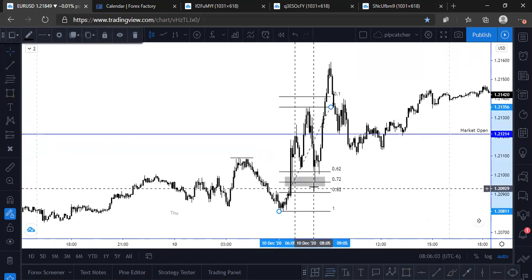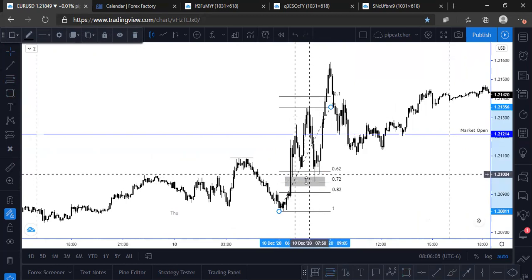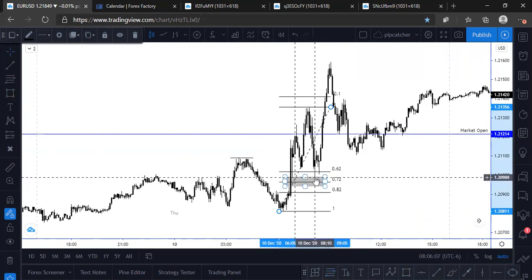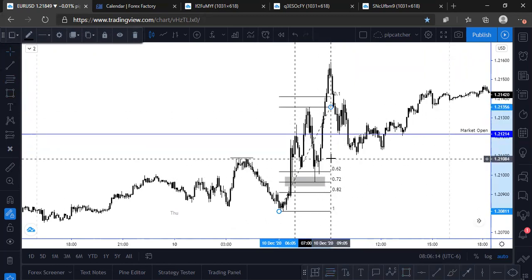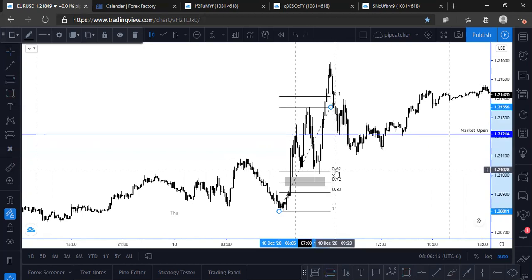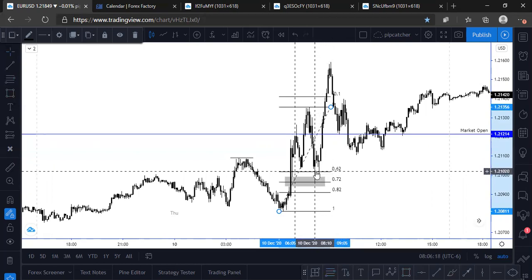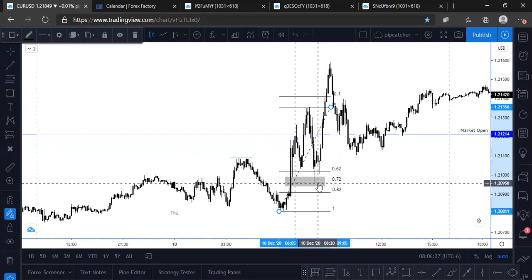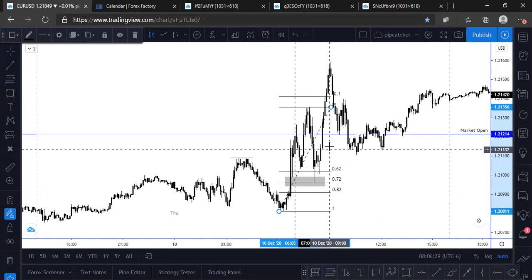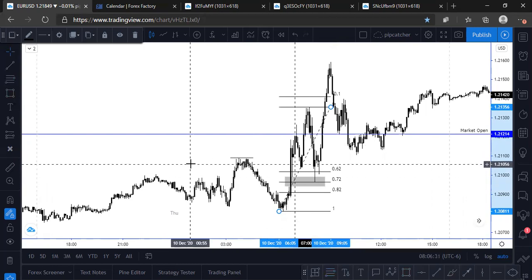I just like to use them as a potential trajectory to where I might be able to look to enter. It's just another confluence. And I don't enter on the 62 just because it's the 62 or the 61.8 with all the retail crowd, or the 72 or the 82 just because price gets there, right?